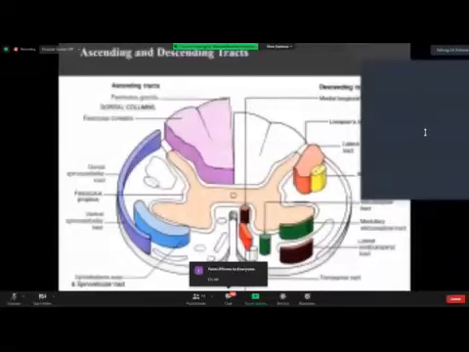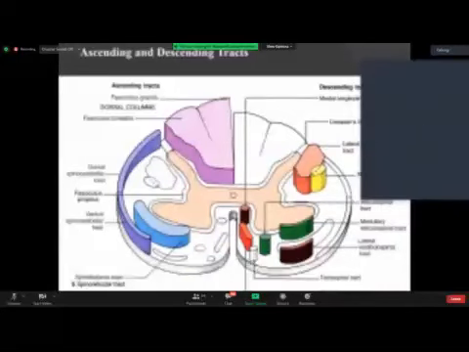Before I answer the exam questions, I just want you to know that each of them has separate information that it takes up towards the brain. And similarly, over here, there is specific information that comes down from the brain into this region.